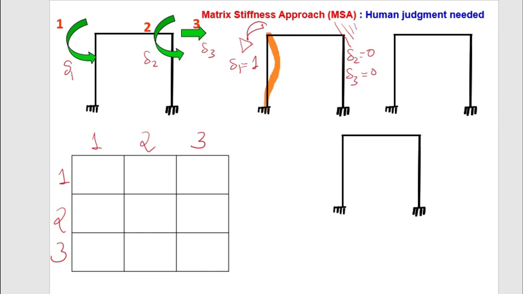We use first principles to visualize the deformation pattern, and then we make use of the basic slope deflection equations we have just written down at the beginning.